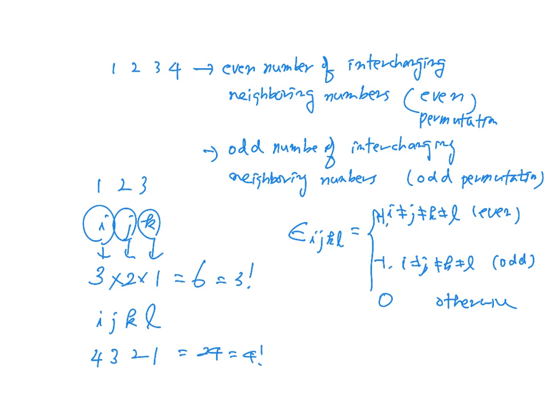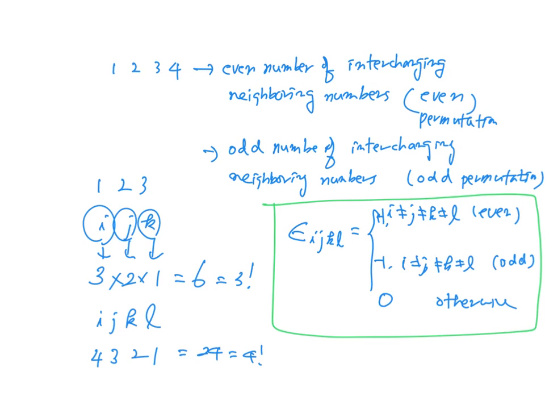So let's try to write down the even permutations of 1, 2, 3, 4. The Levi-Civita symbol can be extended into higher dimensions. Let's figure out how many even permutations you can obtain from 1, 2, 3, 4. 12, right?